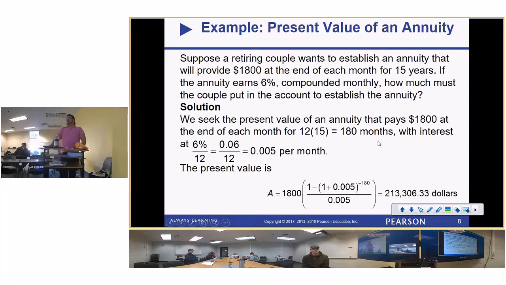I don't know what that comes out to be. Somebody tell me. Just do 213,306 divided by 180. What does it come out to be? Like 1185. So it comes out to be about $1,200.